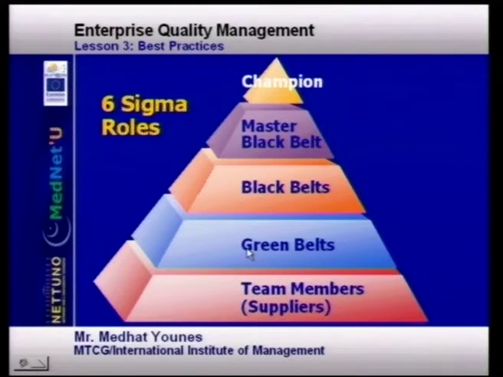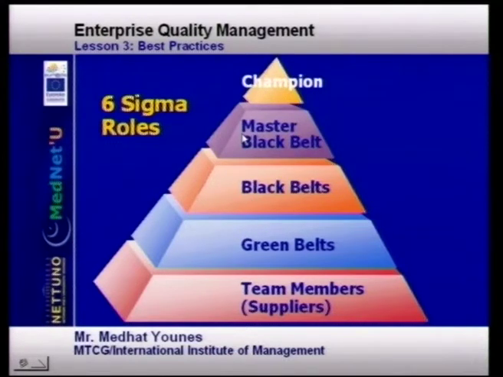A green belt delivers successful focused projects using Six Sigma methodology and tools. A black belt is a leader of teams implementing the Six Sigma methodology on projects. He or she uses more sophisticated statistical tools to help team members and the broader organization.